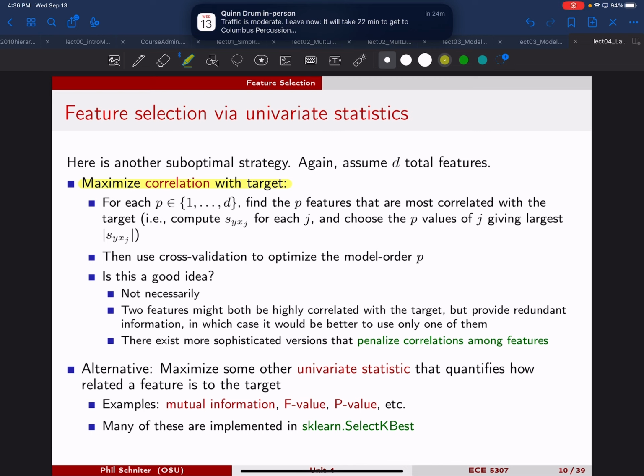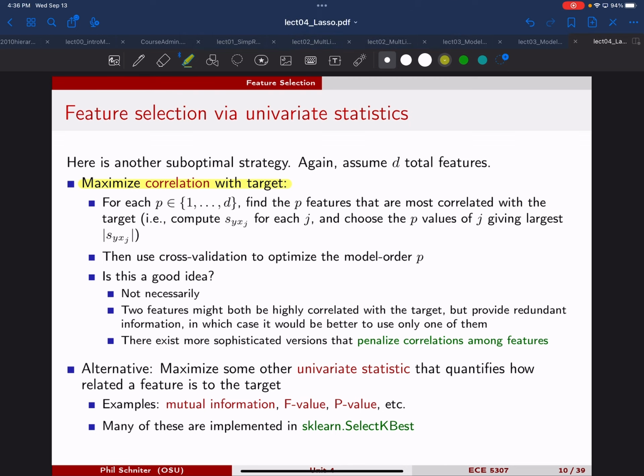And so now the remaining problem is, how many of these? Do I only use the most correlated one? Do I use the first two most correlated? Do I use the first three most correlated? So now you have a model order selection problem. That problem is not a difficult one to tackle. We know how to tackle it. You just use cross-validation. You try using one or two or three, and finally you come up with your subset of features.